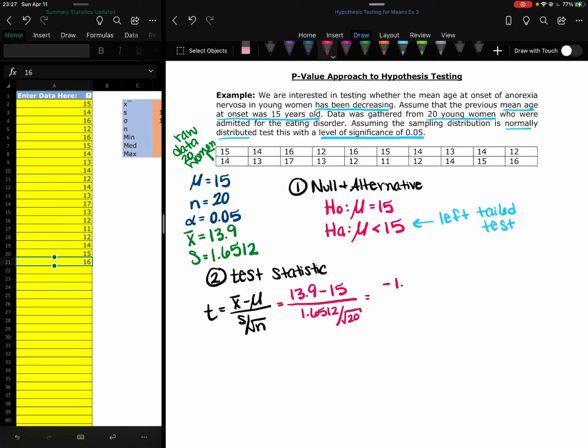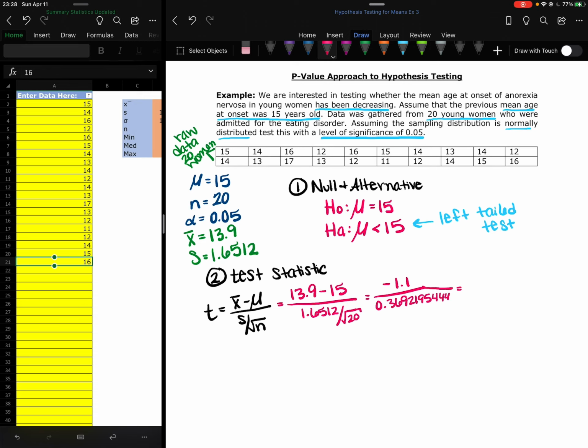So the top is negative 1.1. The bottom is 0.3692195444.